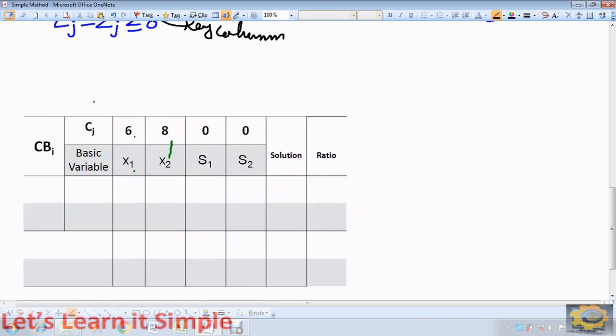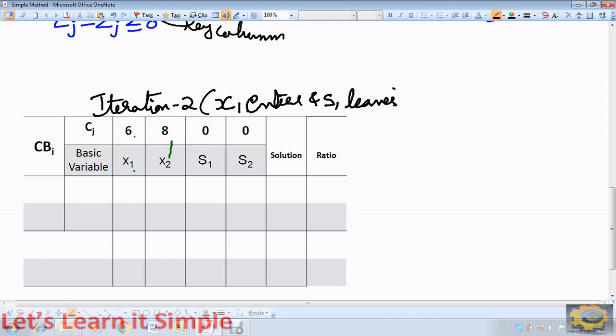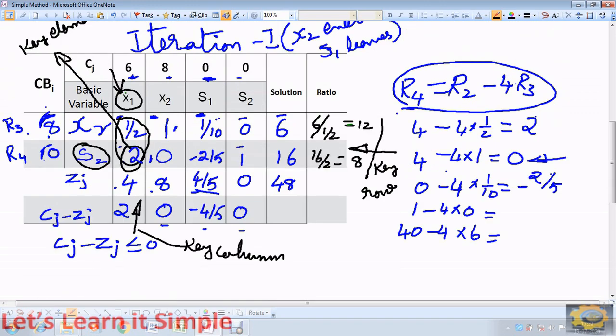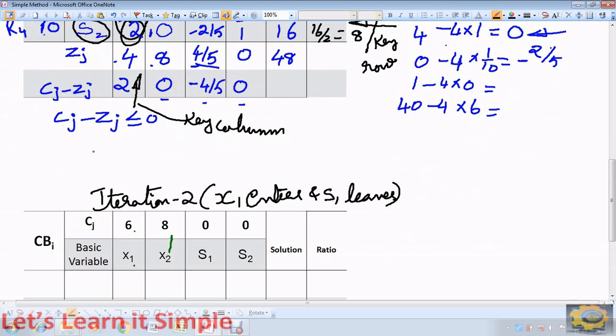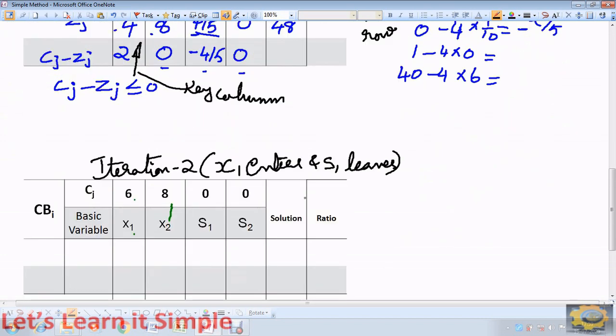So in iteration 2, x1 enters the solution and s2 leaves. We can see here x1 is the key column which will be entering and s2 is the key row which will be leaving. So x1 enters and s2 will leave.